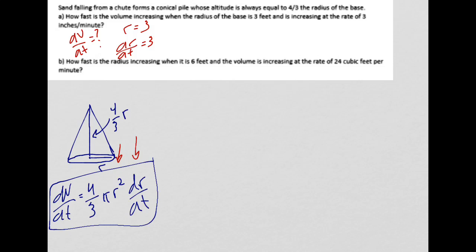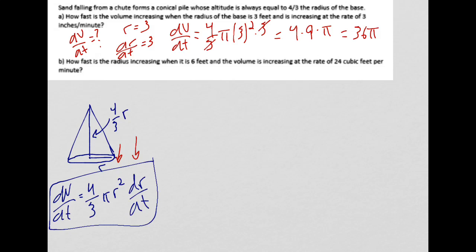So I get dV/dt equals 4/3 pi. The radius is 3, so I get 3 squared, times dr/dt, which is 3. So actually this and this cancel. And then I get that is equal to 4 times 9 times pi, which is 36 pi.